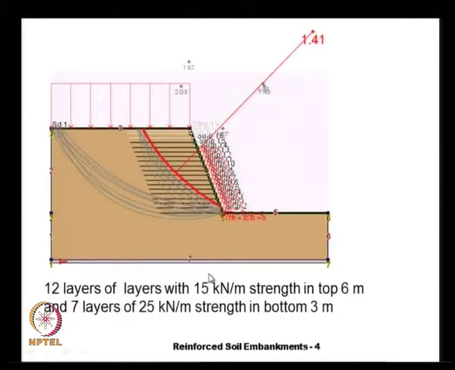In the top 6 meters, 12 layers were provided having a strength of 15 kilonewtons per meter, and in the bottom 3 meters, stronger Geogrid layers having a strength of 25 kilonewtons per meter are provided. The factor of safety is 1.41, which is very nearly equal to the previous case where we had provided 14 layers all having 25 kilonewtons per meter strength.